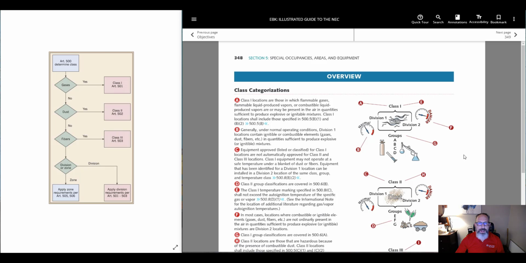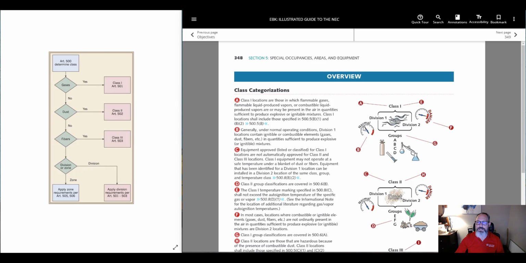So I want to point out on the overview, when you see this graphic here in the book, that it's a little bit confusing. The way they've drawn this in the picture, I would prefer to see danger in Division 1 and less dangerous in Division 2.